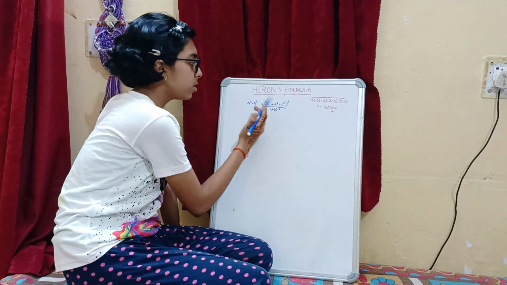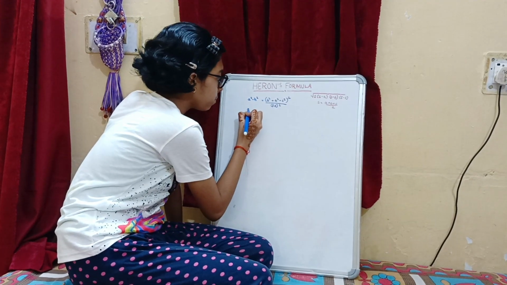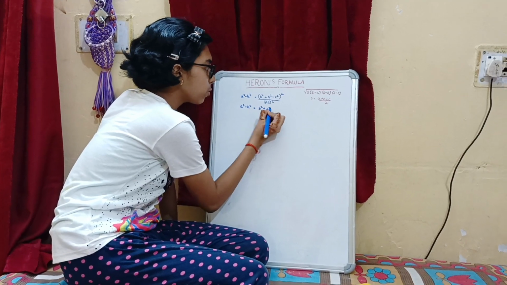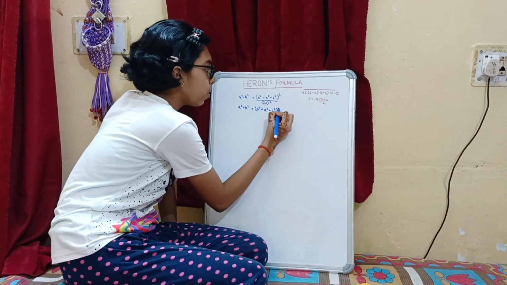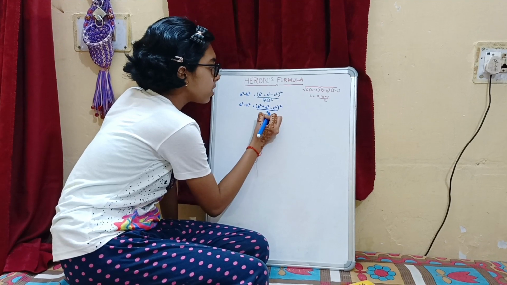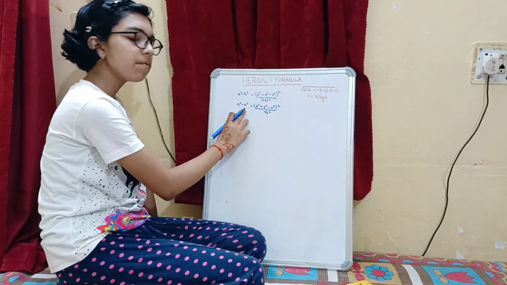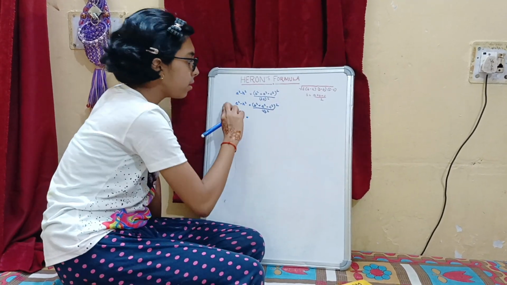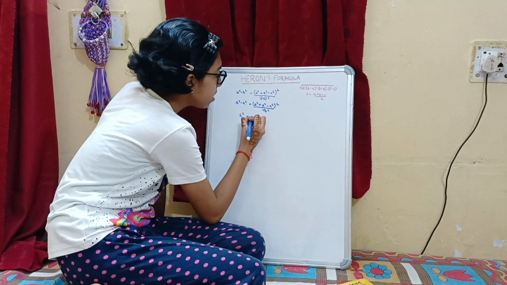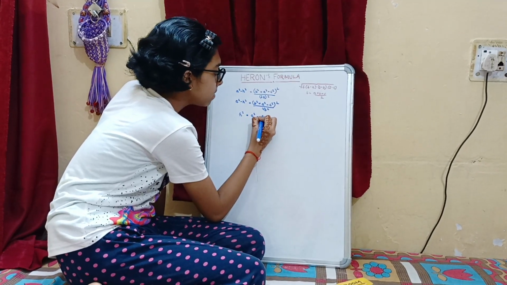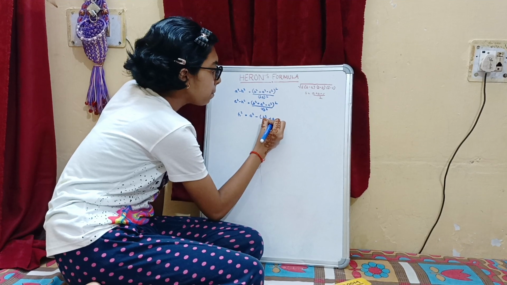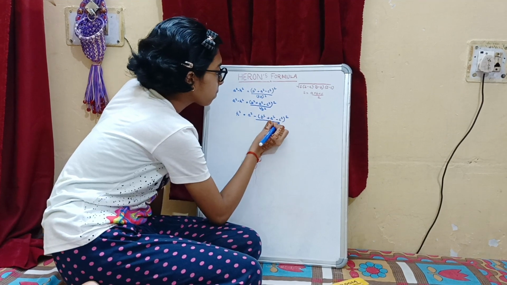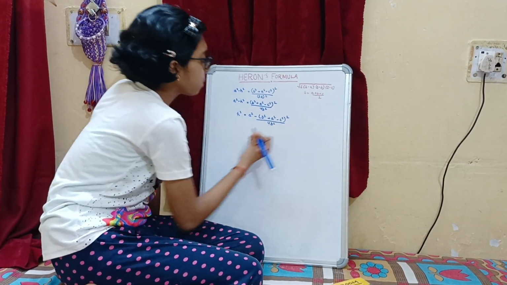Now we will take 2b whole square as 4b square. So a square minus h square is equal to b square plus a square minus c square whole square upon 4b square. Now we will take the value of h square in positive. So h square will be equal to, we will take the a square to the left hand side, so it will be a square minus b square plus a square minus c square whole square upon 4b square.